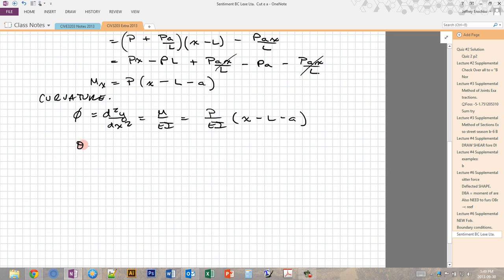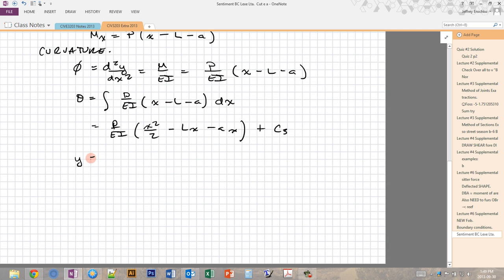And now if we solve for the slope, just the integral with respect to dx, then we get P over EI, x squared over 2 minus Lx minus Ax, and we have a constant of integration, we'll call that C3.